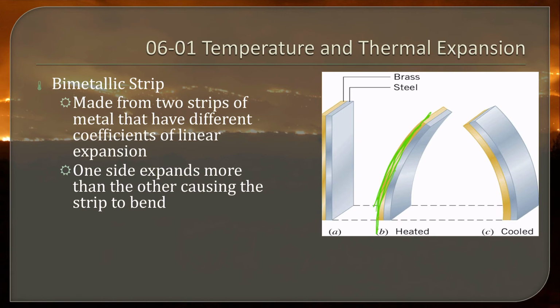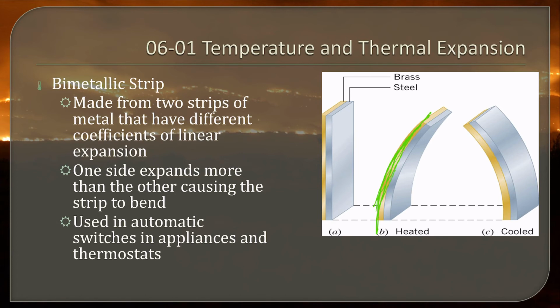As it gets colder, it will get shorter, so it bends the other way. They can't slide past each other because they're attached to each other, so it has to bend. And that is used in automatic switches, like in thermostats, where it's based on temperature.